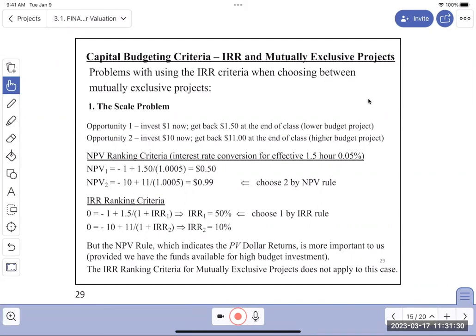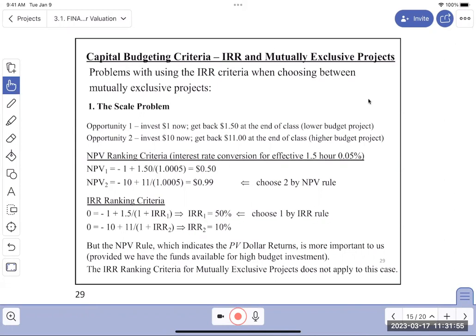What if, rather than judging a project on its own merit, you compare two projects? Comparing two projects is not as simple as saying, pick the one with the highest IRR for investment projects, pick the one with the lowest IRR for finance projects.